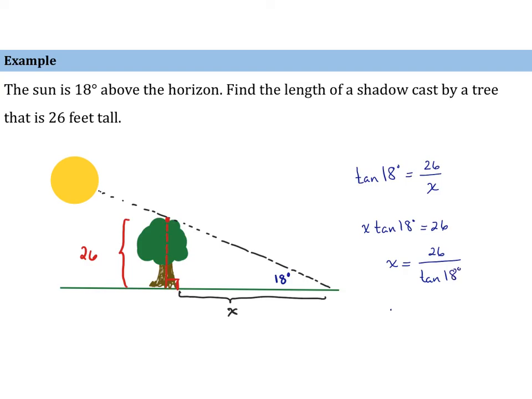Let's approximate this and make sure that our calculator is in degree mode. This is about 80 feet. So what's the length of the shadow? The length of the shadow is about 80 feet.